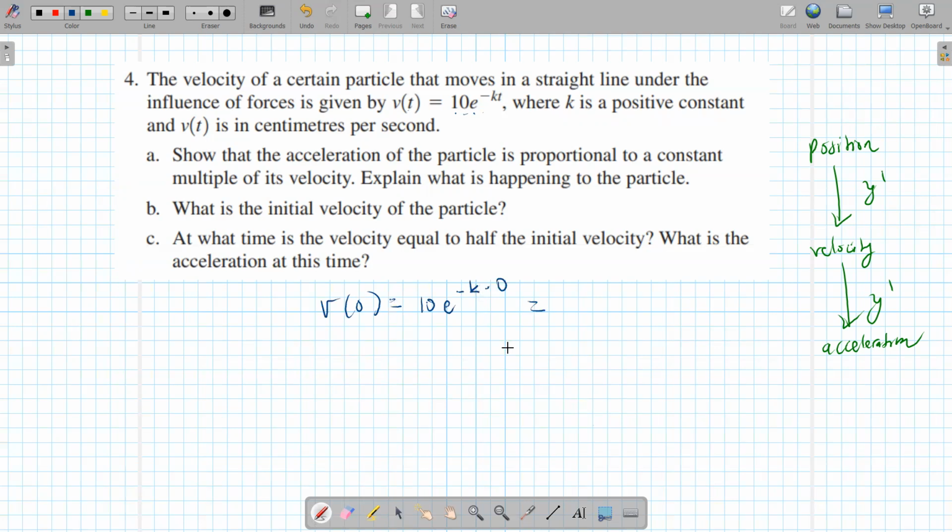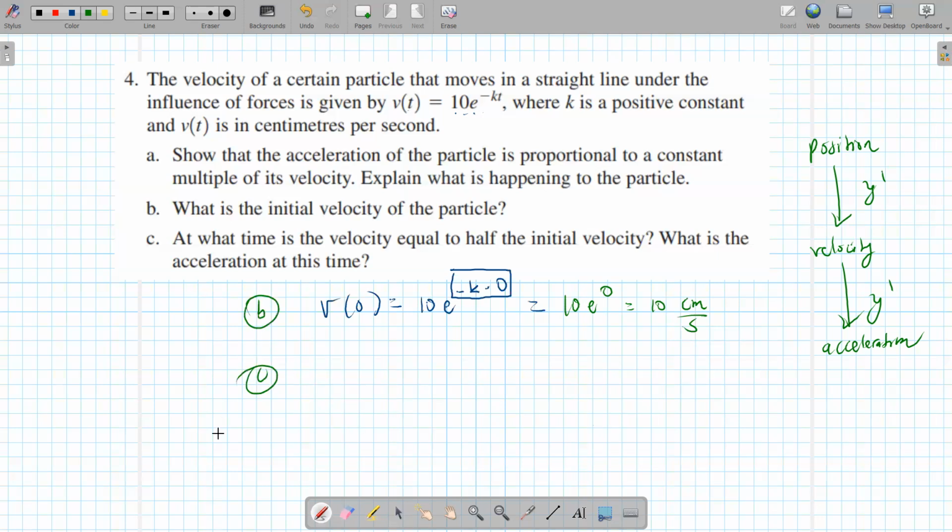What is this going to be? First of all, what's negative k times 0? 0. So you have 10 e to the 0. We know e to the 0 is a 1. So it's 10. What's the unit? Centimeters per second. There you go. The initial velocity is 10 centimeters per second. That's the answer to B.